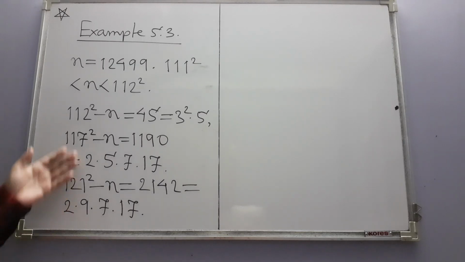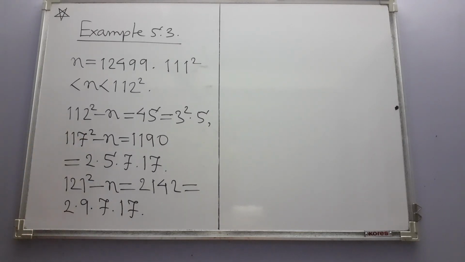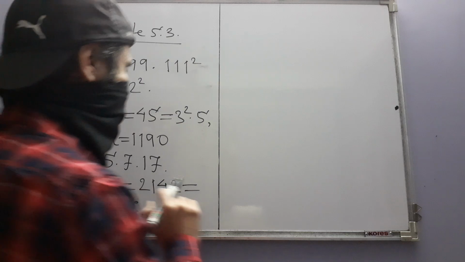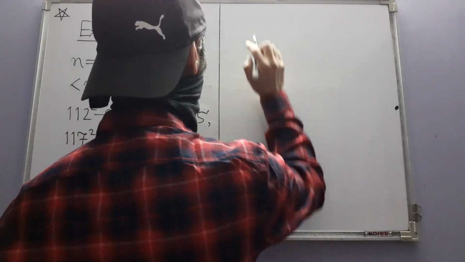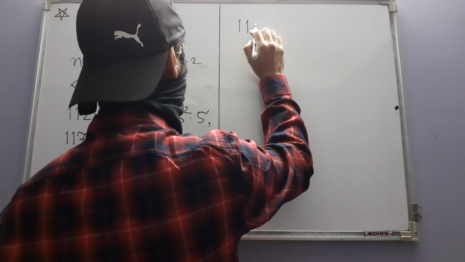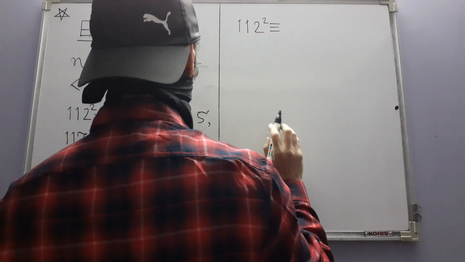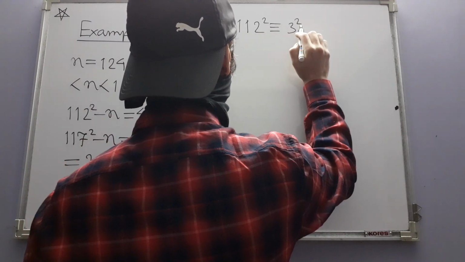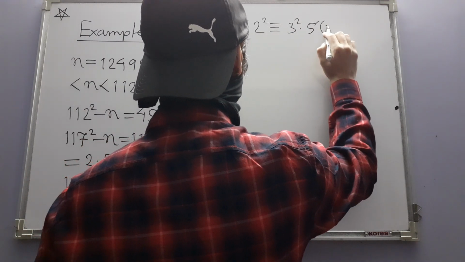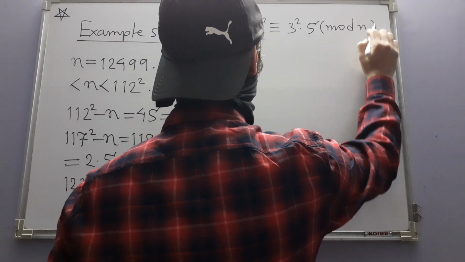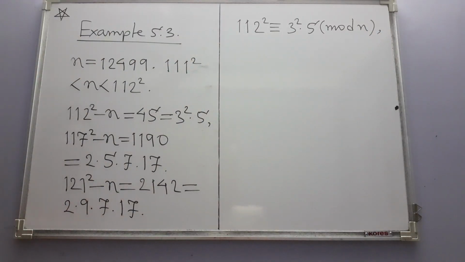So now if we just simply write these things in terms of congruence, like how we did it back there, what are we going to get? 112 square is congruent to 3 square times 5 modulo n.